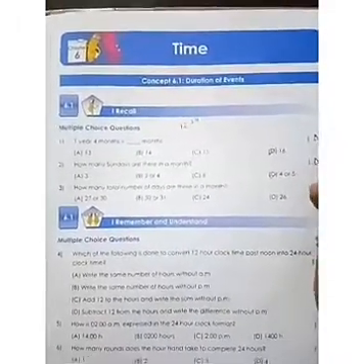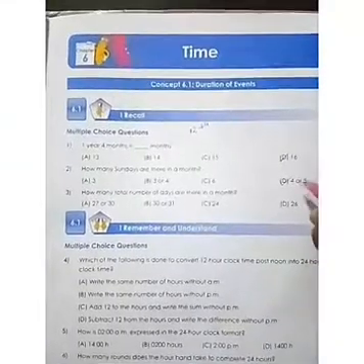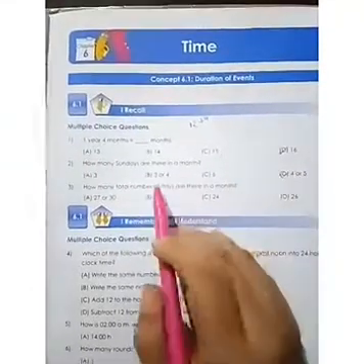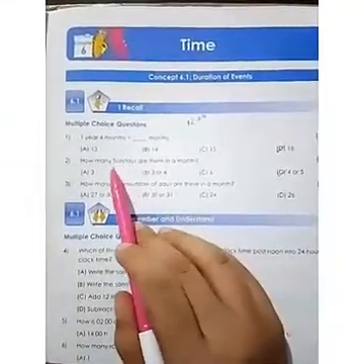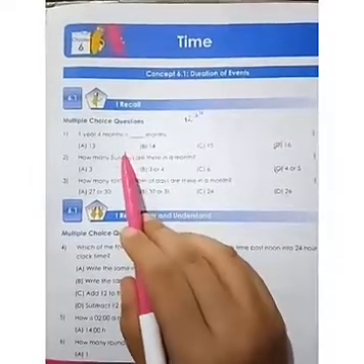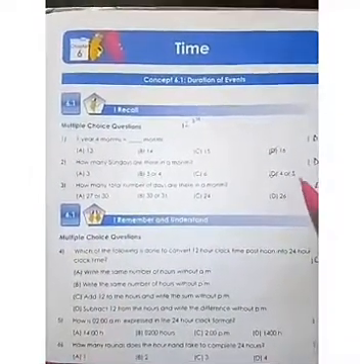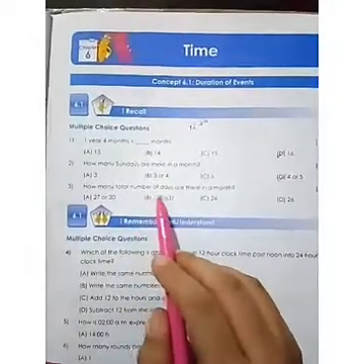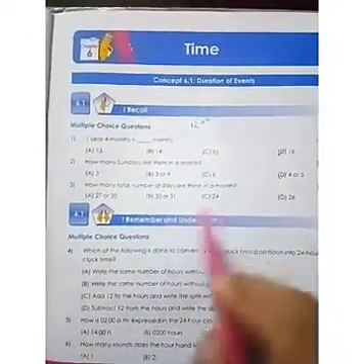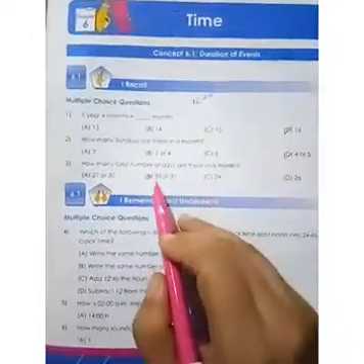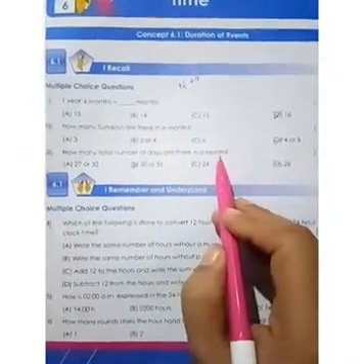Mondays also, Tuesdays also, Saturday also, every day in a week. So instead of Sunday, if Saturday or Thursday has been asked, you have to write 4 or 5. How many total number of days are there in a month? So there are 30 or 31 days in a month.